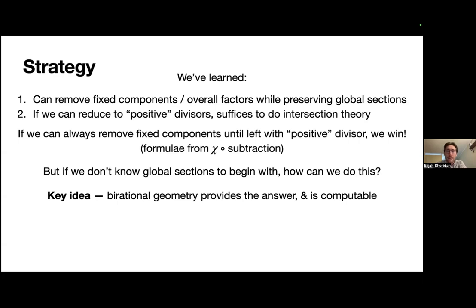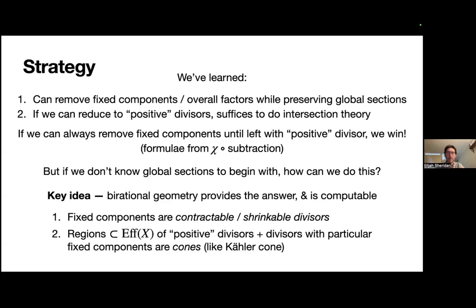The real insight is that birational geometry is related to this fixed component structure, this positivity structure. Birational geometry tells us that the fixed components are these divisors that are contracted or shrunk by birational maps. And moreover, that the regions in the effective cone where you have particular fixed components or particular positivity form cones, like the Kähler cone.